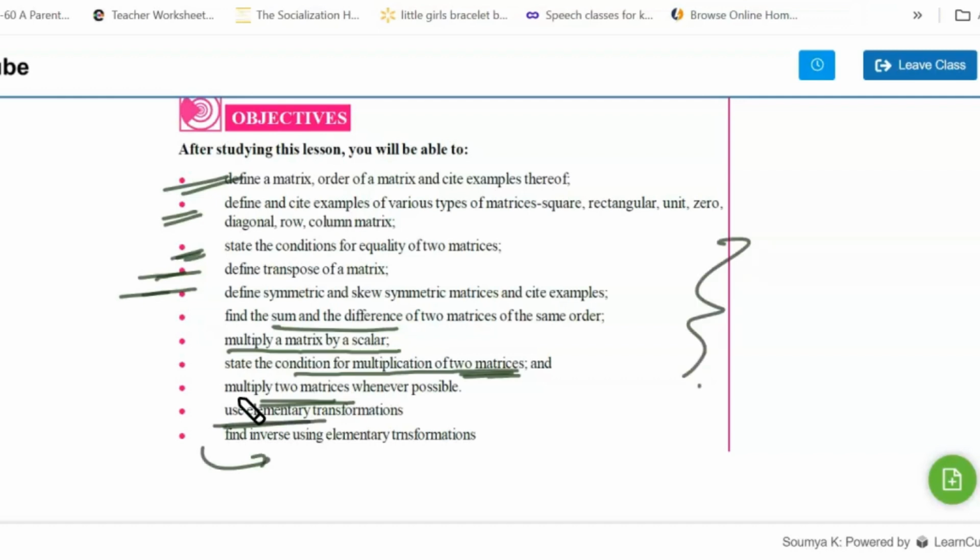These are the topics that we will be able to do after learning this chapter.